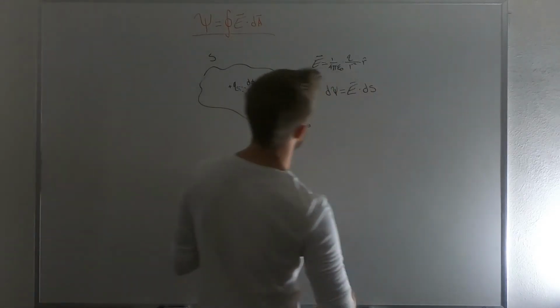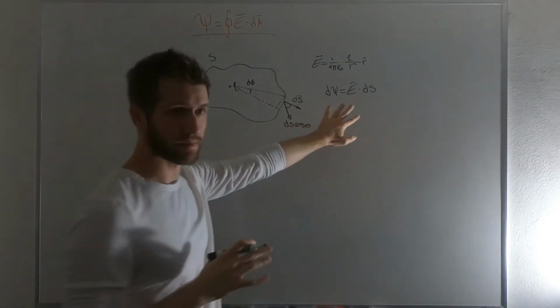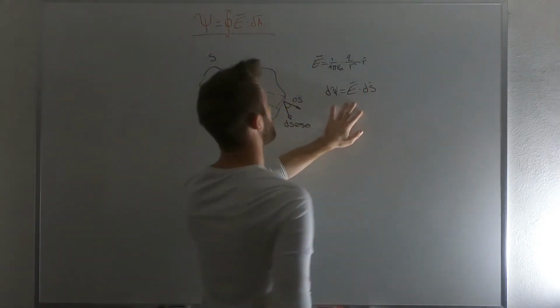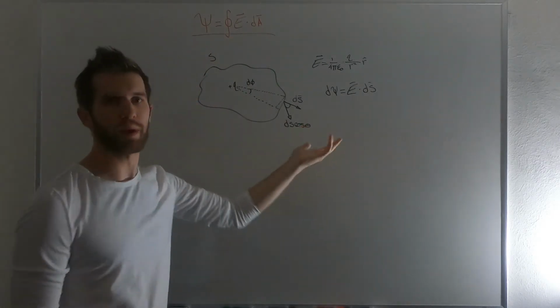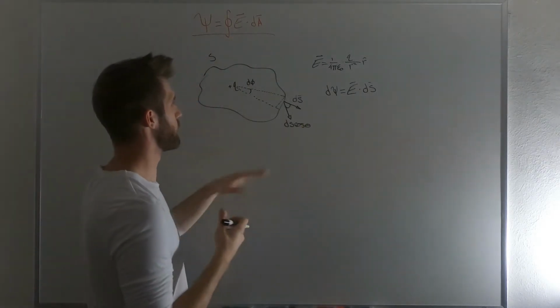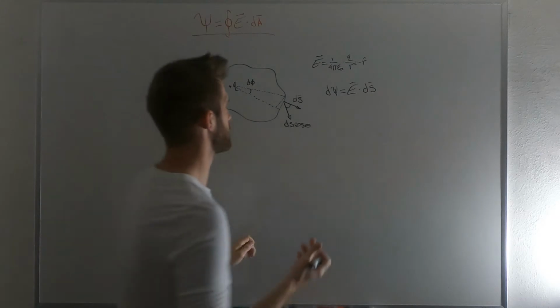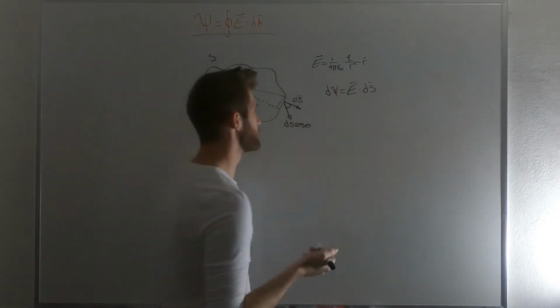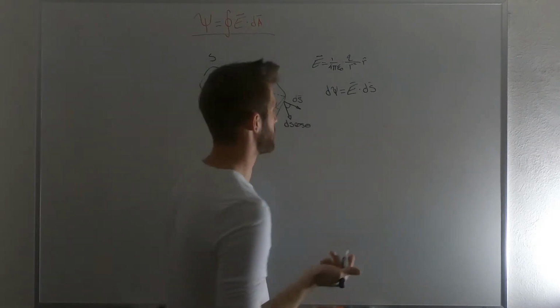That's how we're going to represent it here. So we have our electric field, and let's plug in what we know so far about this. Obviously, we're going to have to plug in our electric field. We can't avoid that.